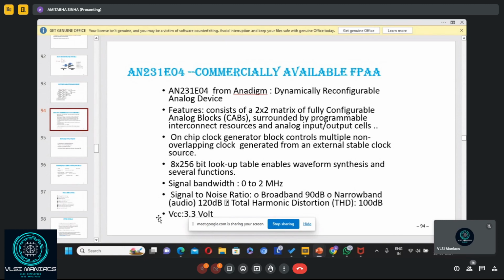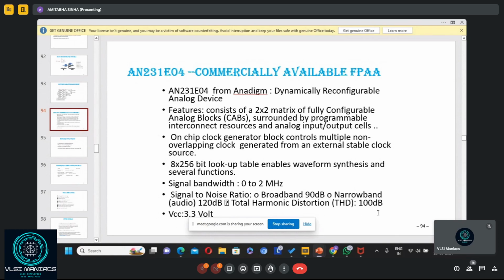So what are the applications? That is very important. Maybe FPAA, as of date, is not suitable for communication applications where we need very, very high speed. That's why for mobile handsets and all, you will find DSP processors are used.